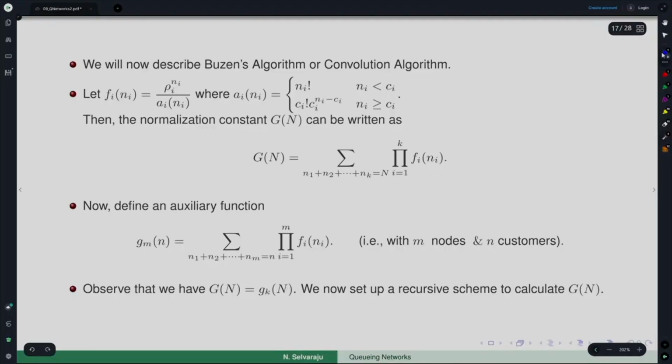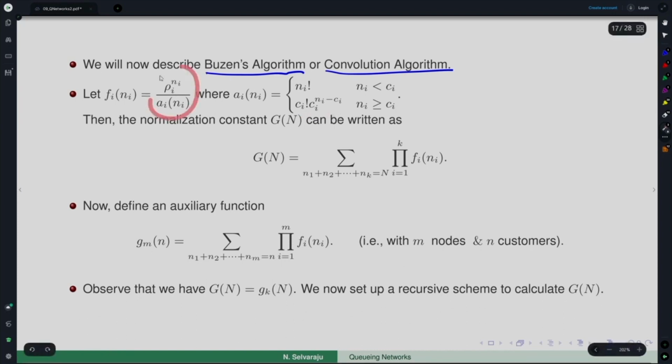But since that was not our interest mainly, we restrict ourselves to the generality of the multi-server case. So, we retain this factor. Okay. By the way, this algorithm is also called the convolution algorithm, because the factor coming out is basically in convolution form. So, we know this fi of ni is this, where a of ni is either this or this, which is what we have seen in the simple example as well.